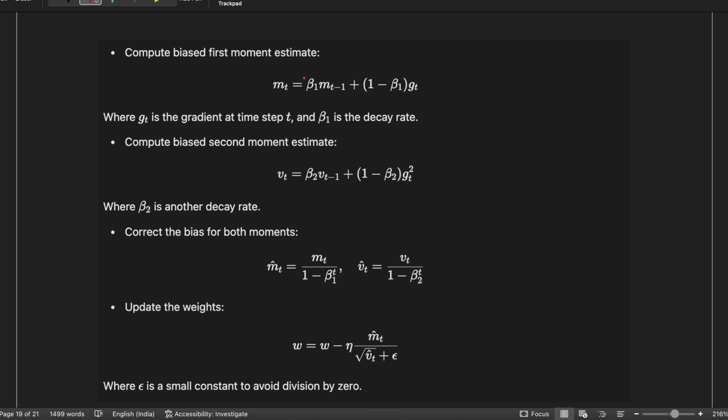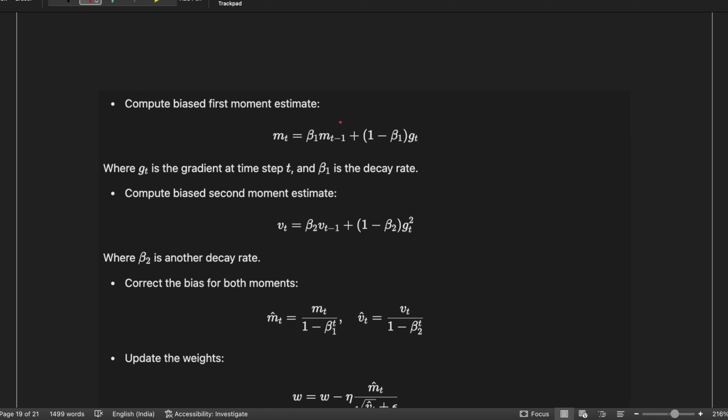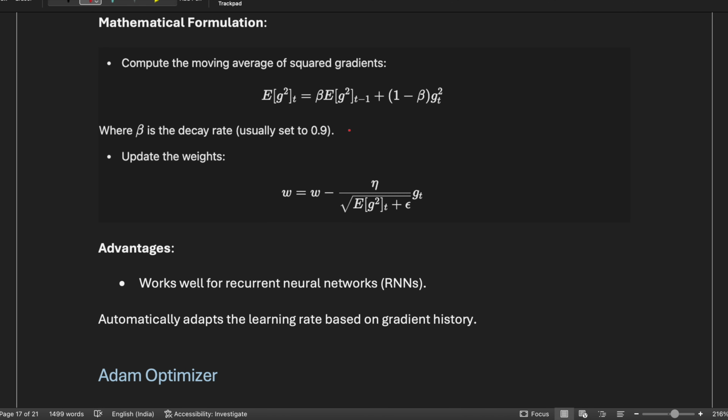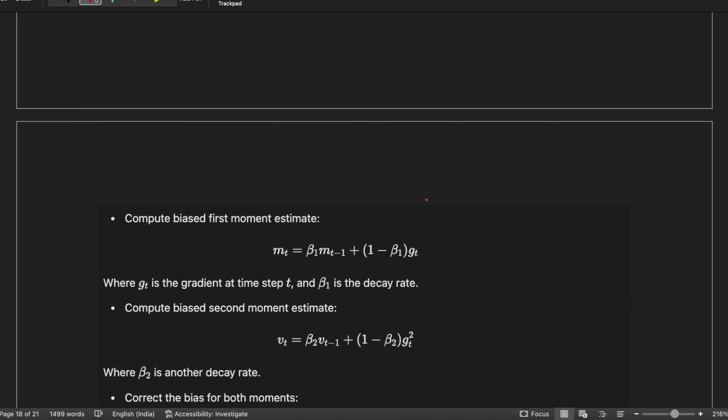So m_t is basically taking the moment, and we are also taking the bias. We are taking the gradient, and we are also taking the moment. The same thing is written here as g_t, which by annotation is the gradient with respect to that parameter.